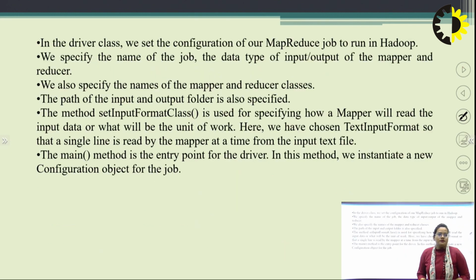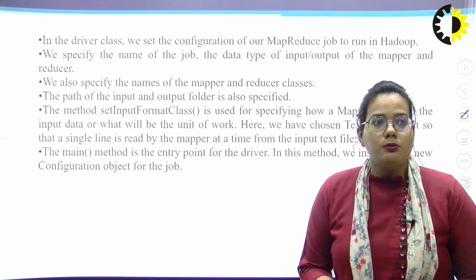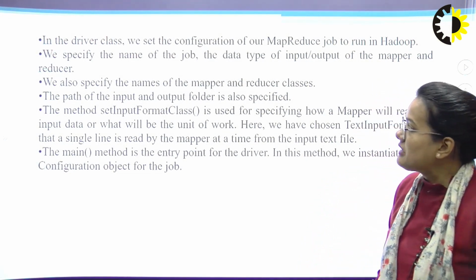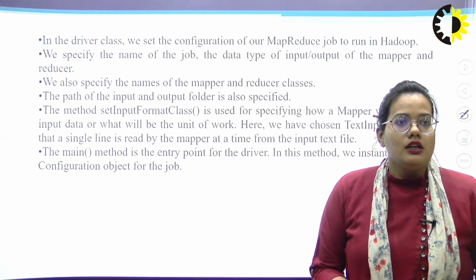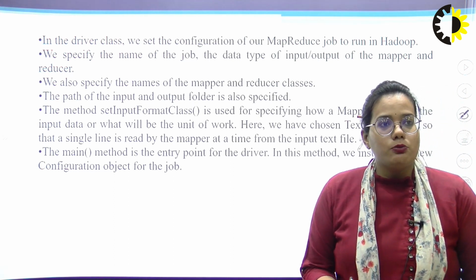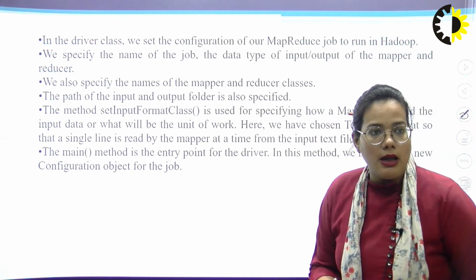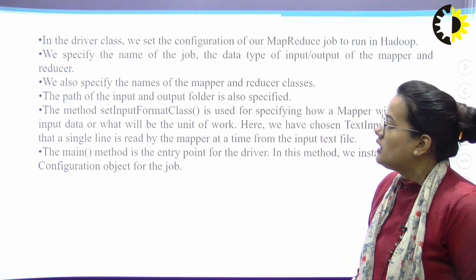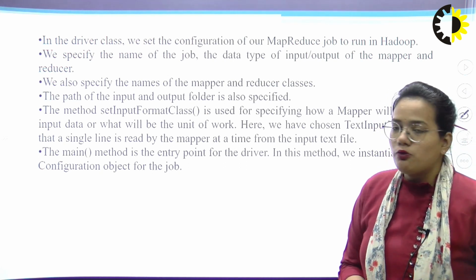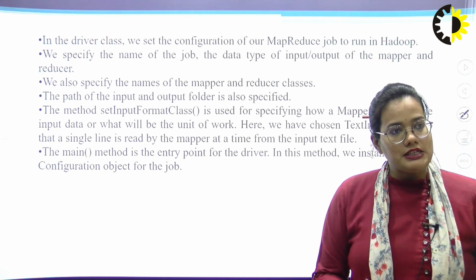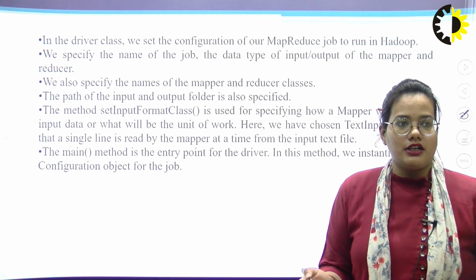Now in the driver class we set the configuration of our MapReduce job to run in Hadoop. We specify the name of the job, the data type of input and output of mapper and reducer. We also specify the name of mapper and reducer class. The path of input and output folder is also specified in the driver class.